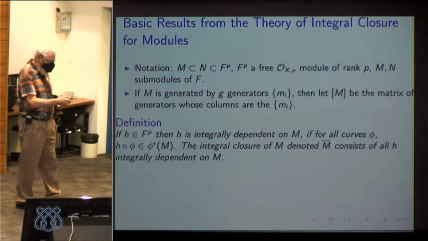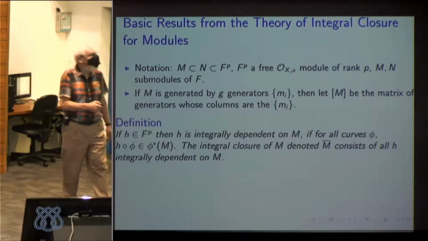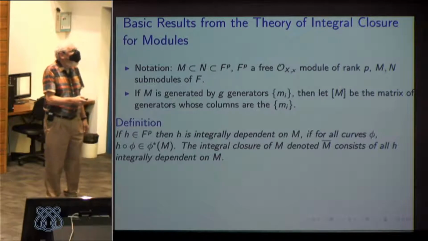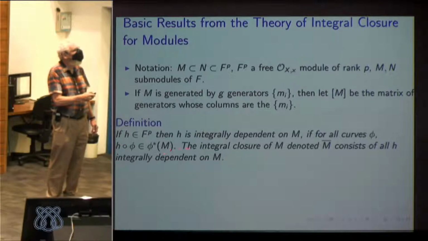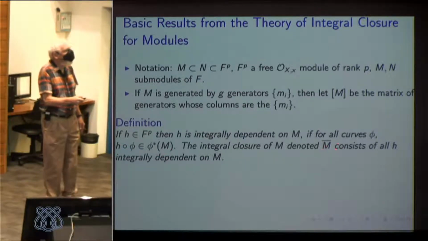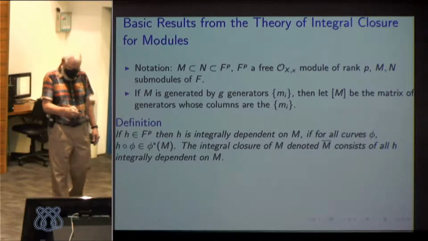Then the way we get into the game is to use that curve criterion. So we're going to look at all curves. We take our vector, our p-tuple, and we compose it with phi, and we ask that it's in phi star of M. And the integral closure of M, denoted M bar, consists of all h integrally dependent on M.